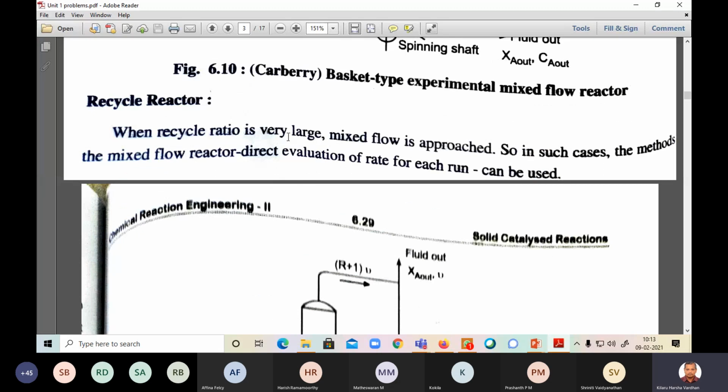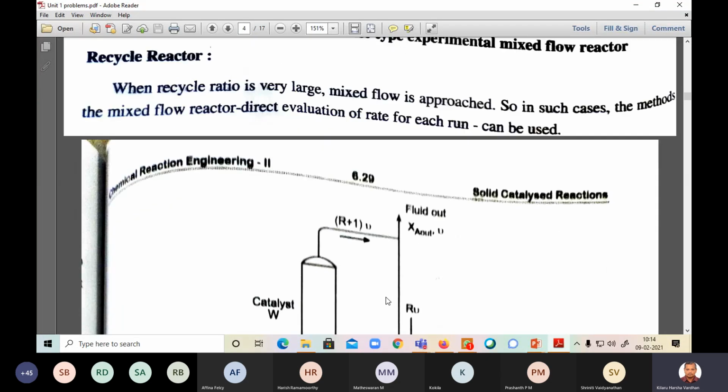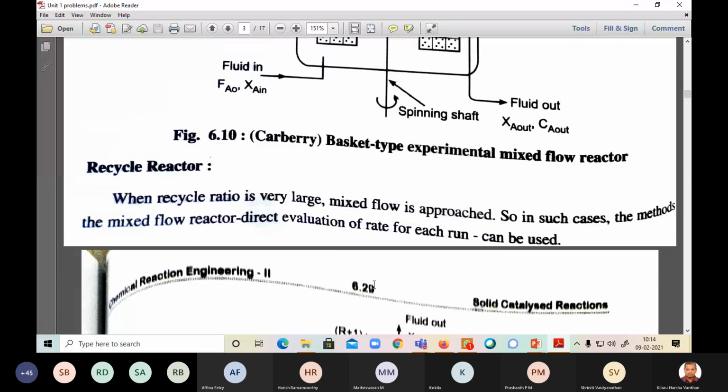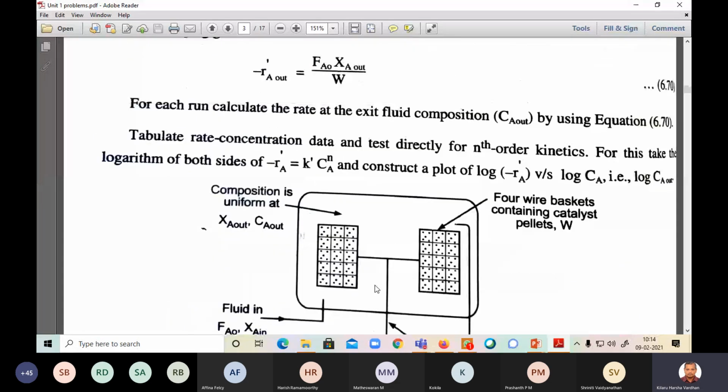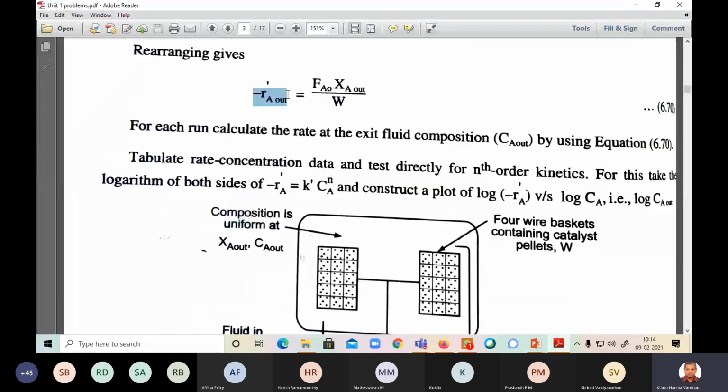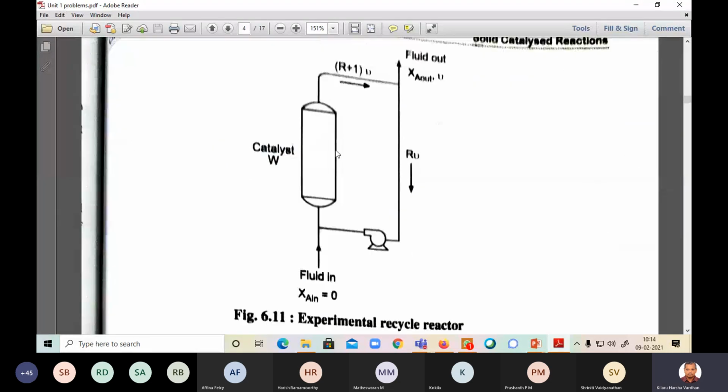When the recycle ratio is very large, mixed flow is approached. So in those cases, as with the mixed flow reactor, direct evaluation of the rate for each run can be used. If the recycle ratio is large, you can use the same expression. No need for any recycle treatment, right? But if the recycle ratio is in between, from 0 to infinity or whatever it is, where it is neither a plug flow reactor nor a mixed reactor, then we have to use this equation.